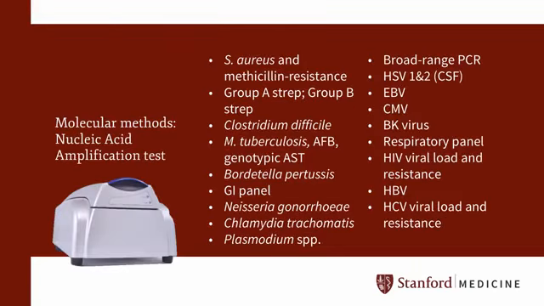Nucleic acid amplification tests, such as on-demand PCR or batch PCR tests, are allowing rapid and accurate detection of all kinds of pathogens. In several instances, they can also simultaneously provide genotypic antibiotic susceptibility results.